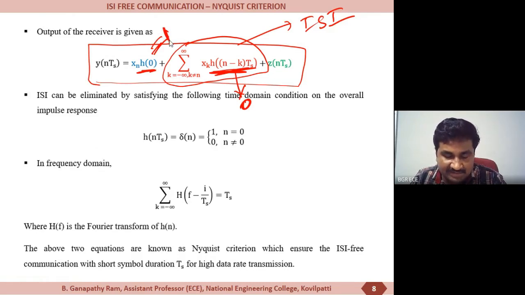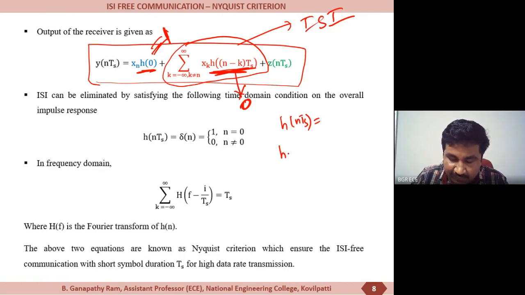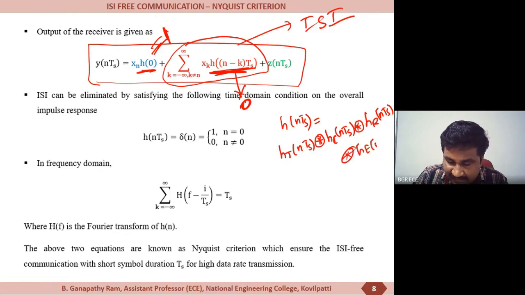What we choose is that h of nTs should be equal to an impulse, delta of n. Here h of nTs refers to the combination of ht of nTs convolved with hc of nTs convolved with hr of nTs convolved with he of nTs.